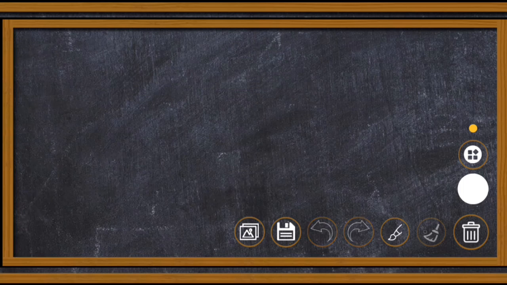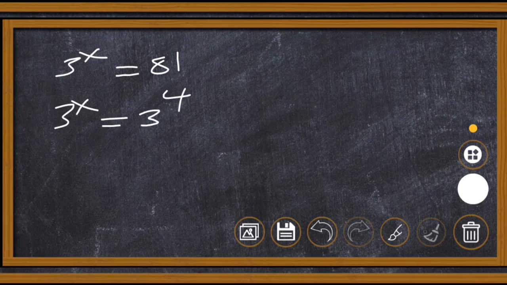So now let's go into solving the exponential functions. Let's say, for example, you have been given the function 3 power x equals to 81. So how can we solve such an expression? To solve this, you simply have to simplify first. So here we know that 81 is the same as 3 power 4, right?